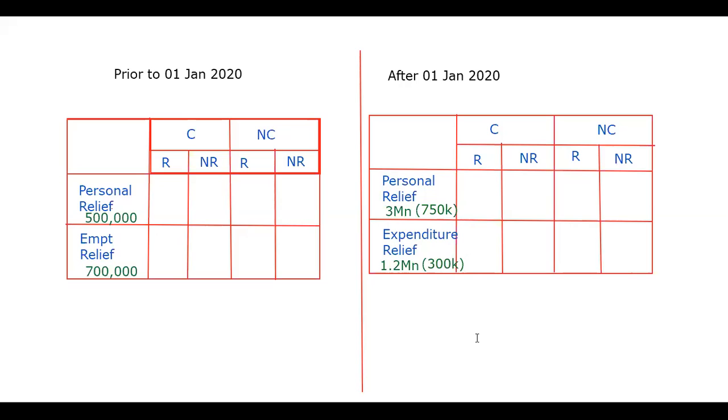These are the amounts applicable for 3 months, right? 750 and 300.